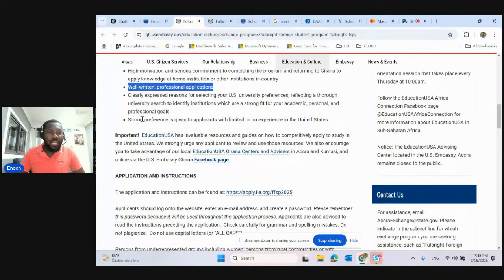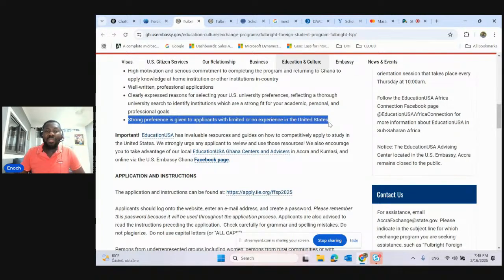And then here they say that strong preference is given to applicants with limited to no experience in the United States.